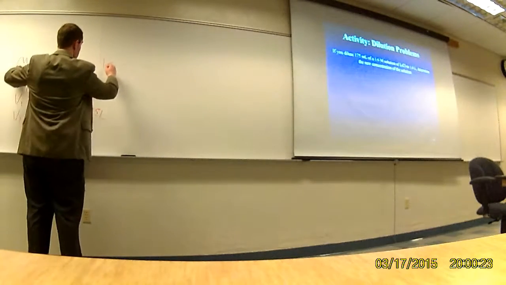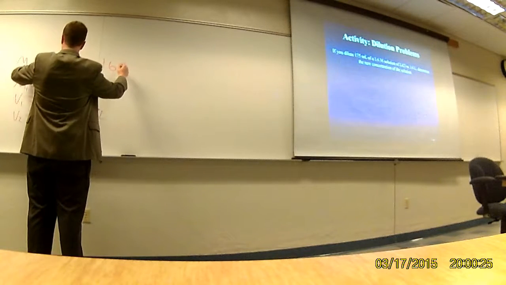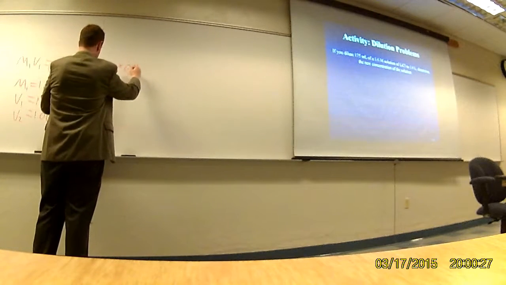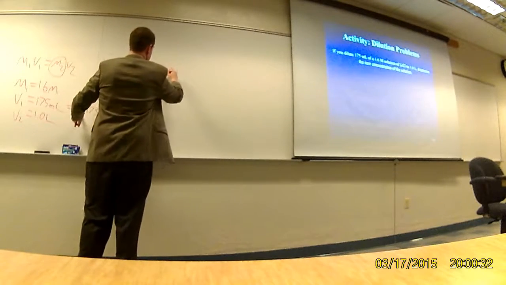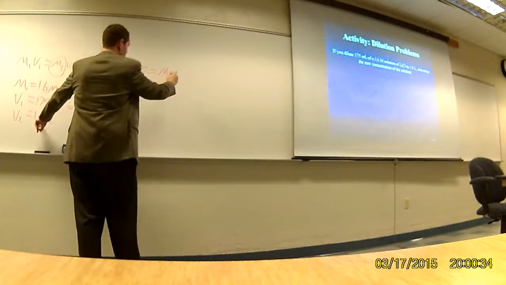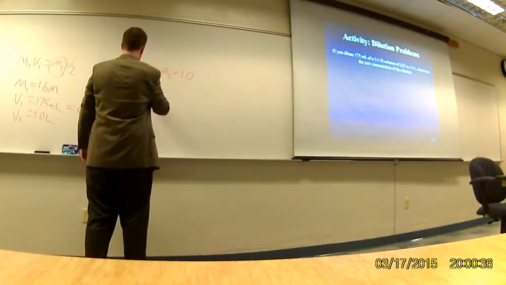So M1 is 1.6 times V1, 0.175 equals M2 times 1.0.